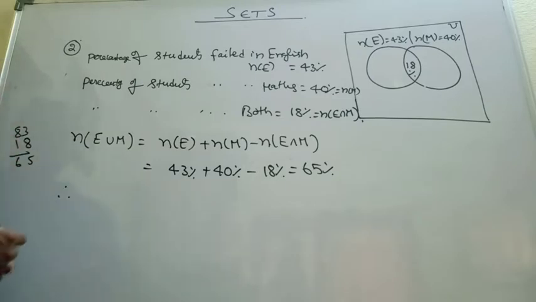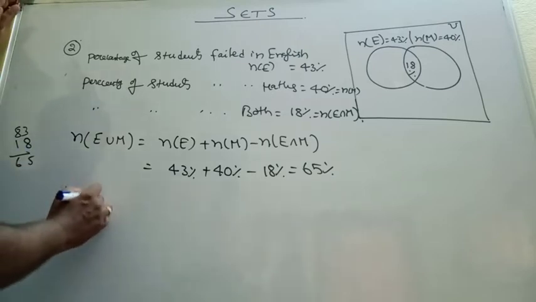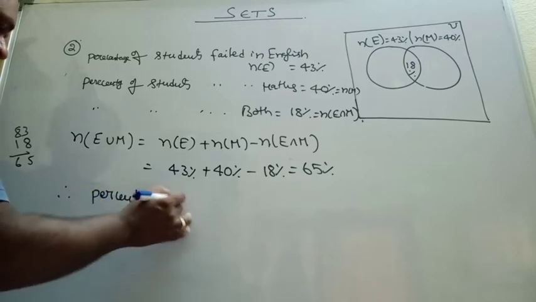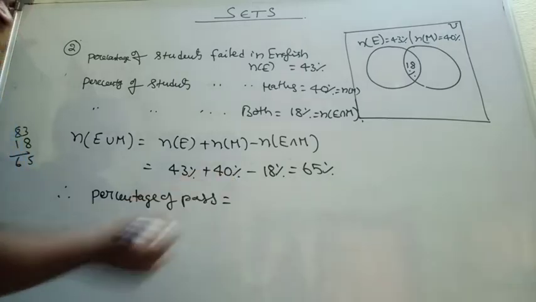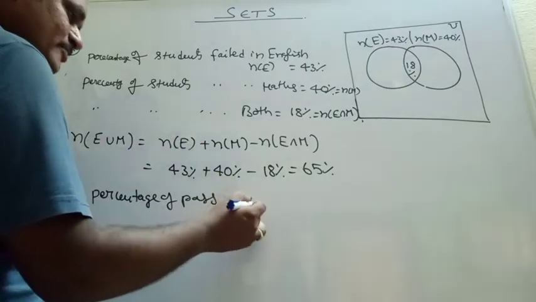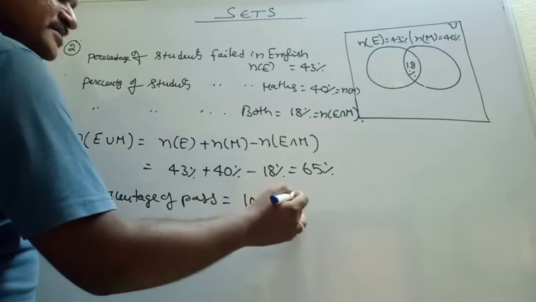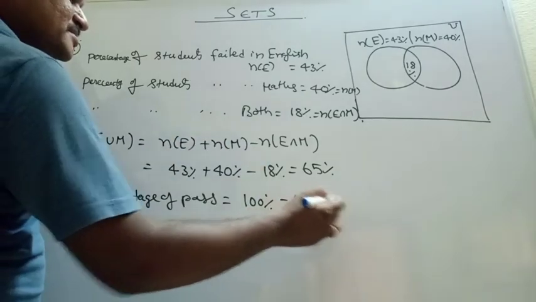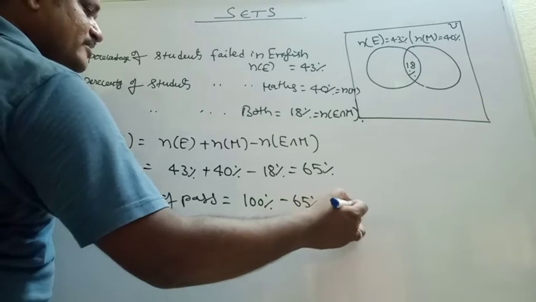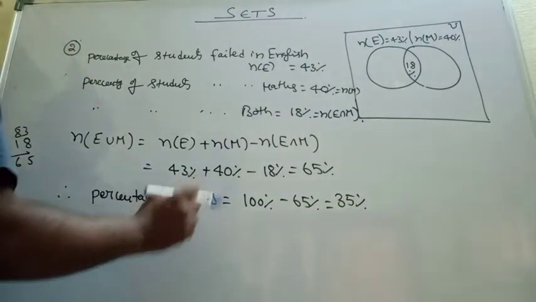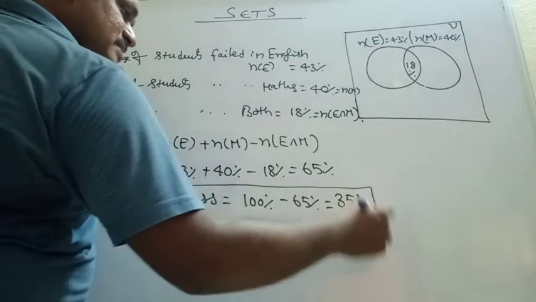Therefore, the pass percentage is equal to the total percentage, you know, my dear students, 100%. Total failure percentage is 65%. That means 100 minus 65, you will get 35% as the answer. Percentage of pass is nothing but 35%.